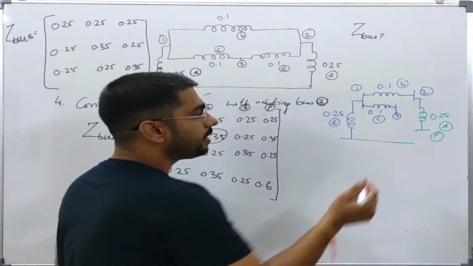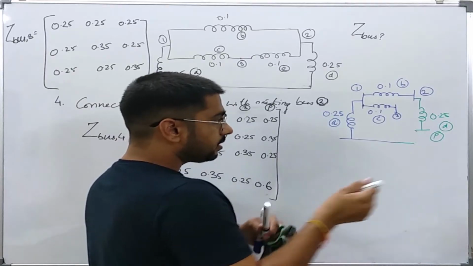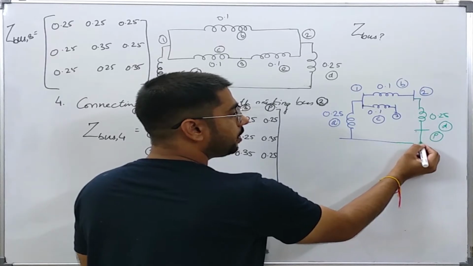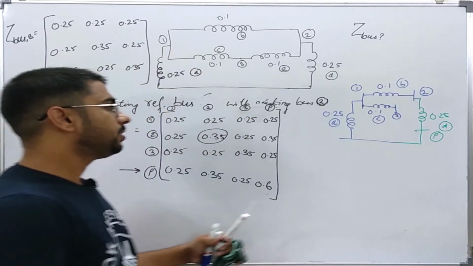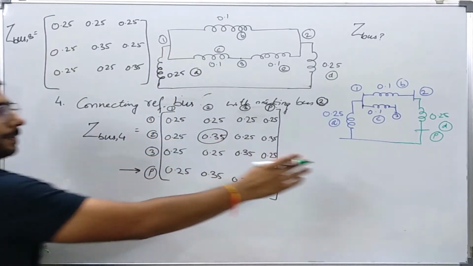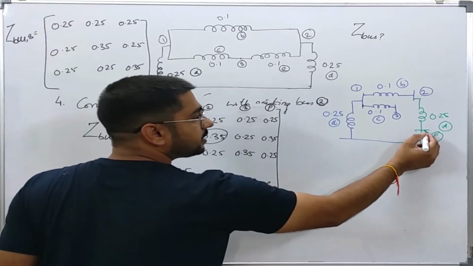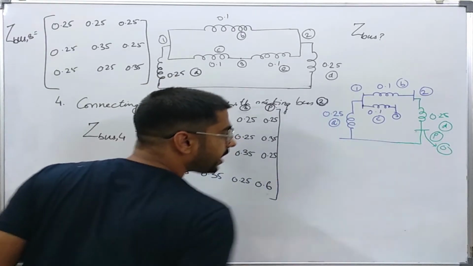Now I will connect this bus number P to the reference bus. So when this bus P is connected to the reference bus, its voltage will become 0.